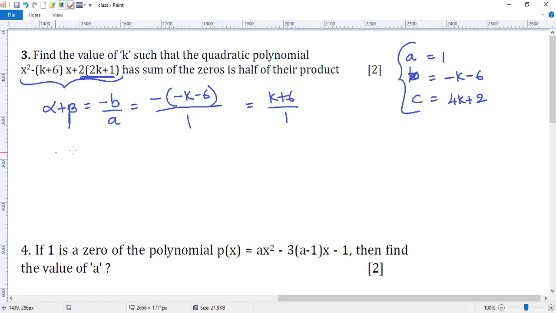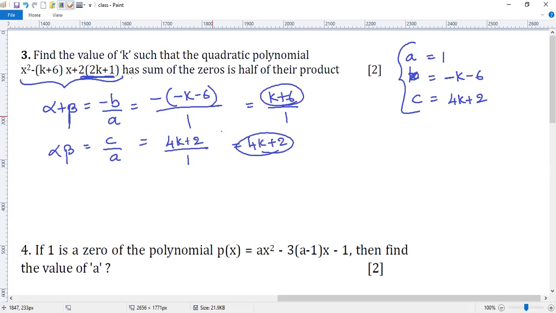Similarly for alpha beta, what is it? C by a is the formula. So C by a, C is 4k plus 2 divided by 1. So what is it? 4k plus 1. Sorry, plus 2. So this is what we have got for alpha plus beta and alpha beta. The question says this polynomial has sum of zeros equal to half of its product.